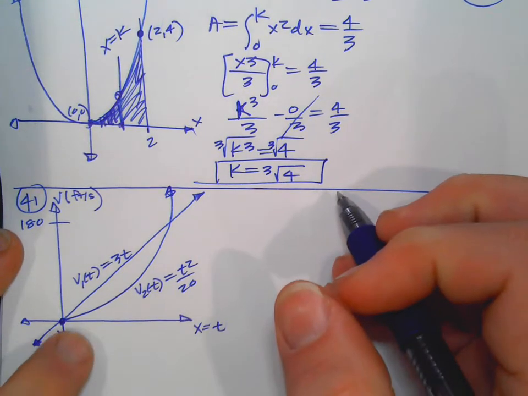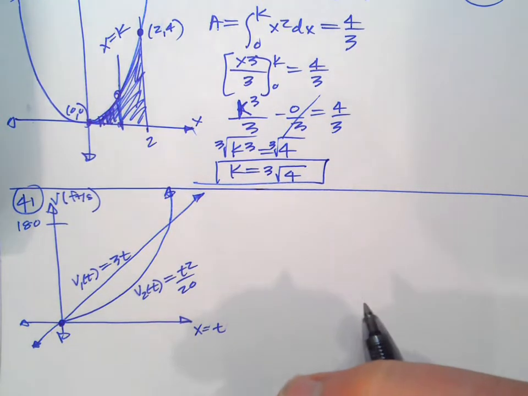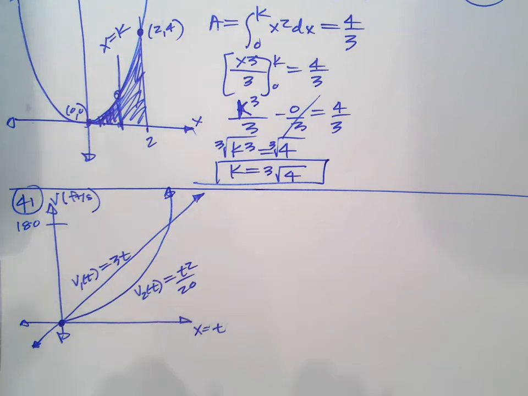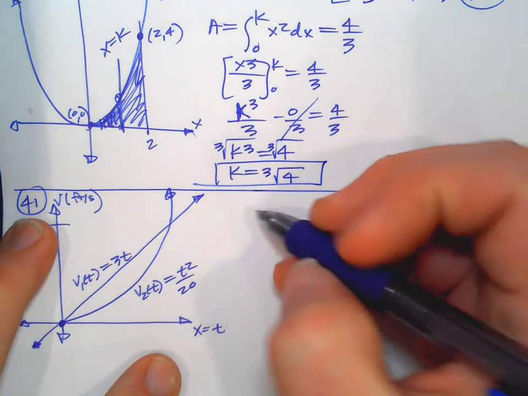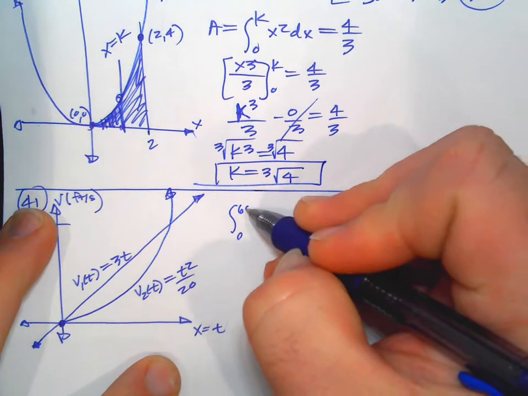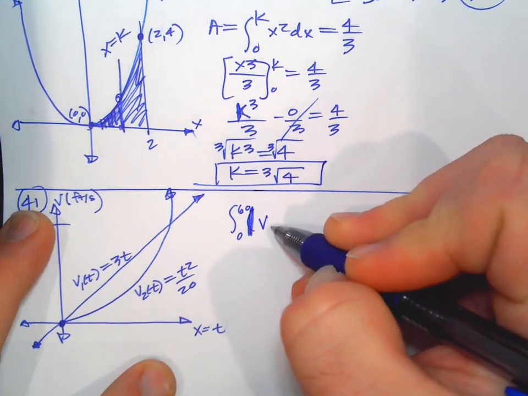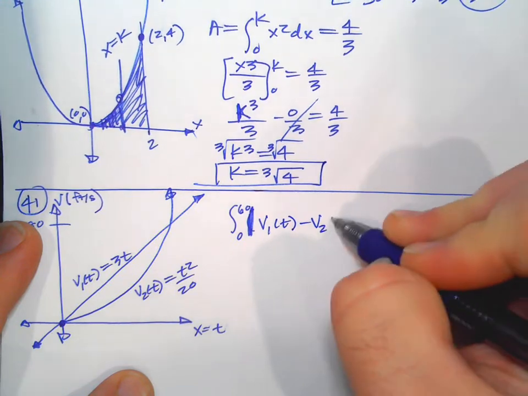So distance, how far apart, is the absolute value of velocity. But it's got to be the differences. We want to find the differences in their velocities this whole time. So to find the distance between them, we would integrate the absolute value of the differences in their velocities.